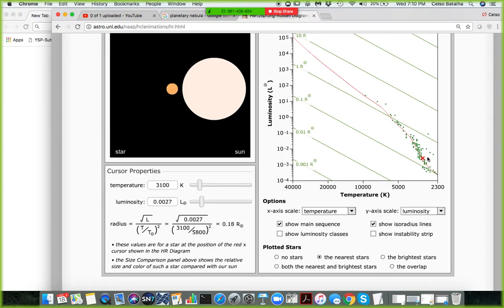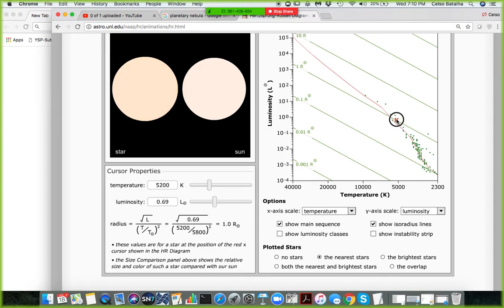You can see their sizes by these lines indicating their sizes. 0.1 solar radius, that's the symbol of solar radius, is 10% of the solar radius. So those are the stars right here, and one solar radius is here.